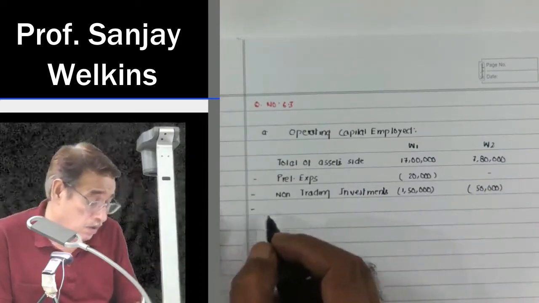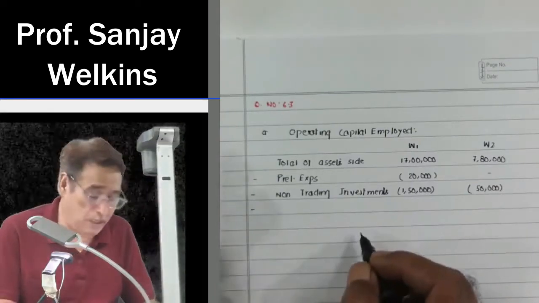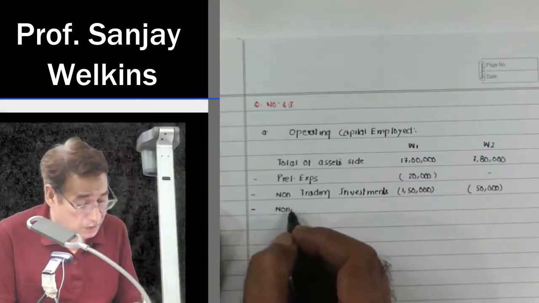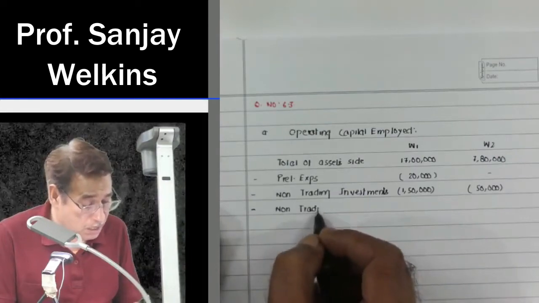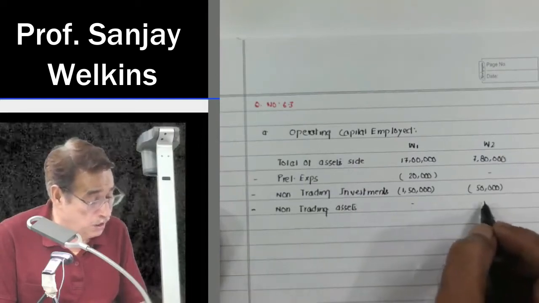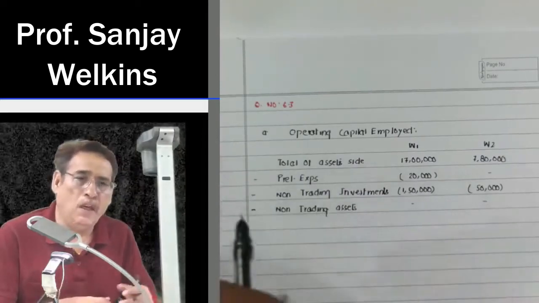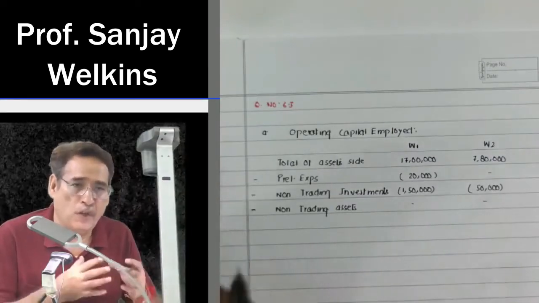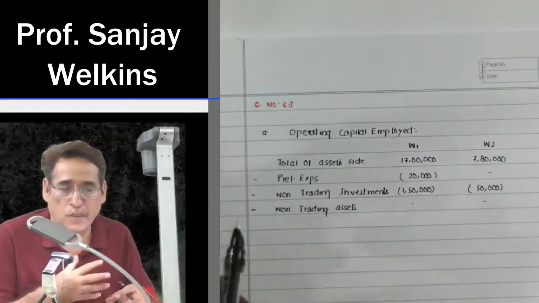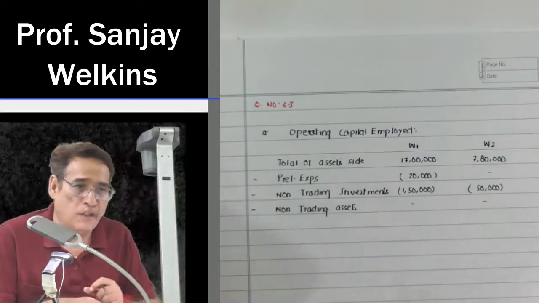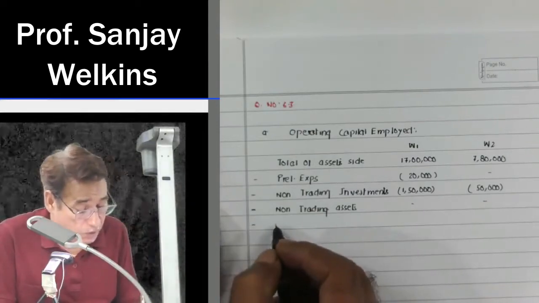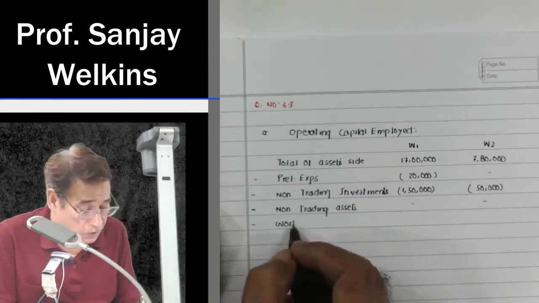Similarly, any non-trading asset would have been subtracted. There is no non-trading asset in this question. Suppose you are having a piece of land or plot of land and you have kept it for the purpose of sale in future, that means your intention is not to use it for your business, so it will be considered a non-trading asset. Similarly, work in progress or asset under construction.